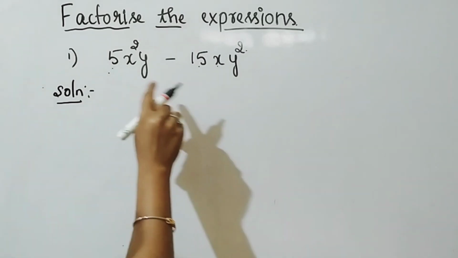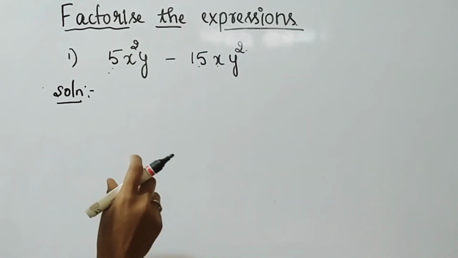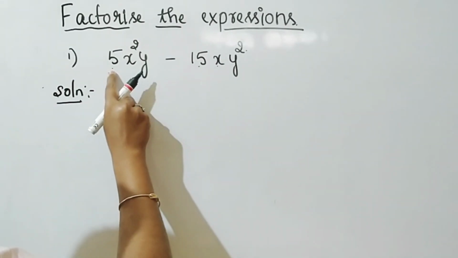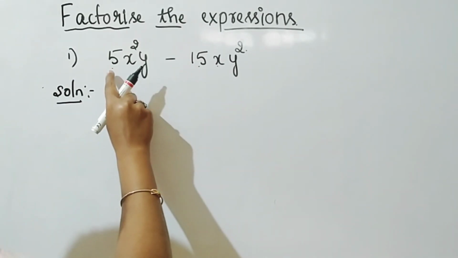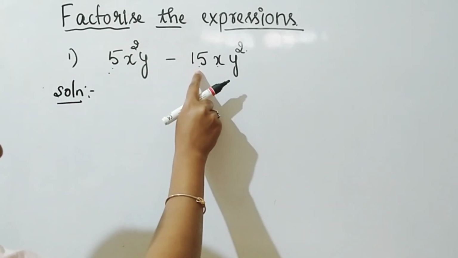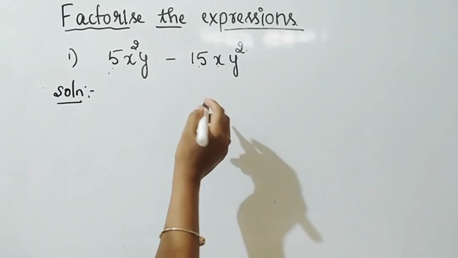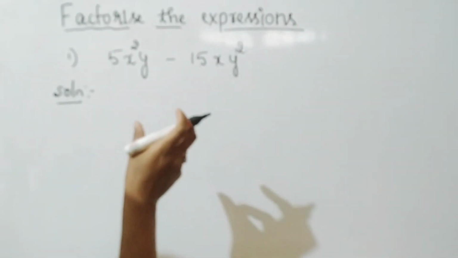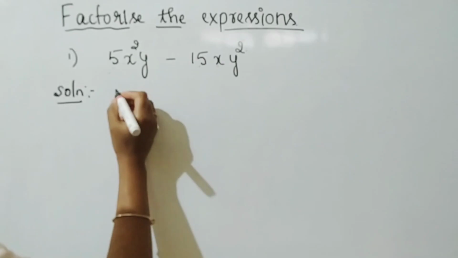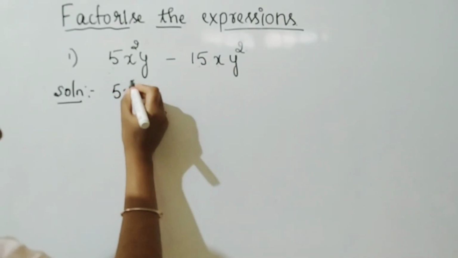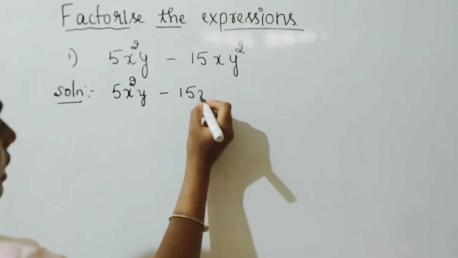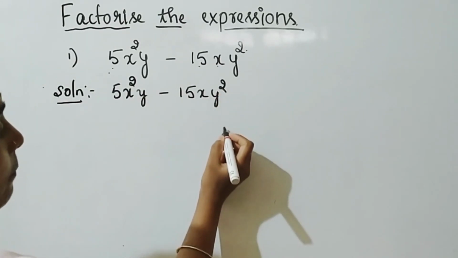Check which is the highest number that divides both these numbers. In the 5 table, we can find 5 as well as 15. 5 threes are 15. In that way you have to split the given term. So let me explain. First write the given question: 5x square y minus 15x y square.